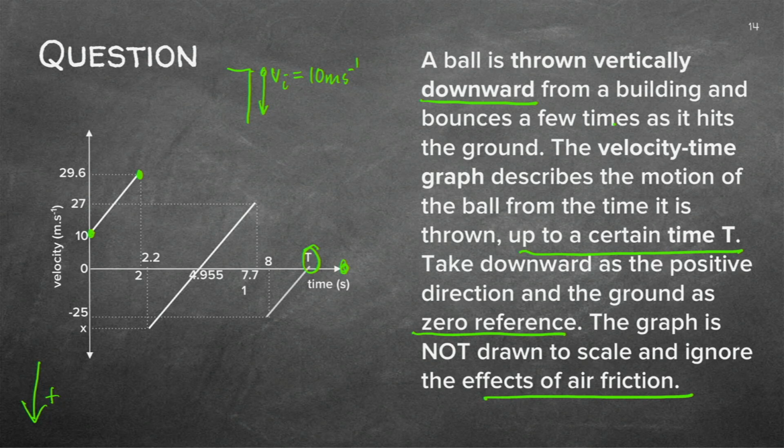So it is quite clear that the ball accelerated from 10 to 29.6. It then turned around, it went down here, but can you see what's happening here? There's a 2 seconds and a 2.2. So it actually spent 0.2 seconds whilst it bounced on the ground.